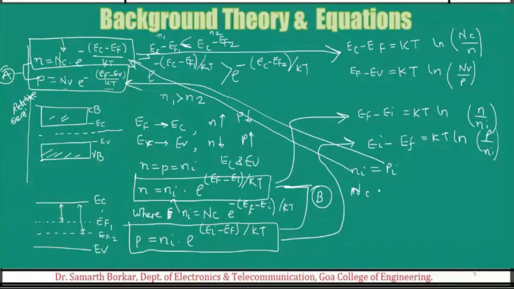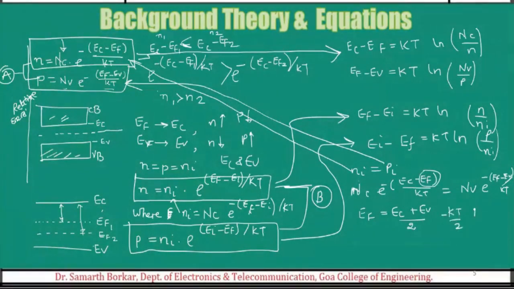Nc e raised to minus EC minus EF by KT equals Nv e raised to minus EF minus EV by KT. Now, if I take the ratio of Nc by Nv, actually we are interested in finding the value of EF. Fine. If I solve this, the value of EF that we get is EC plus EV by 2 minus KT by 2 log to the base e Nc by Nv.